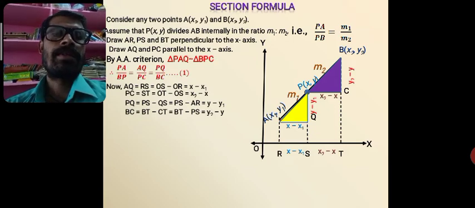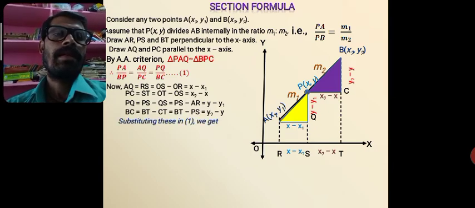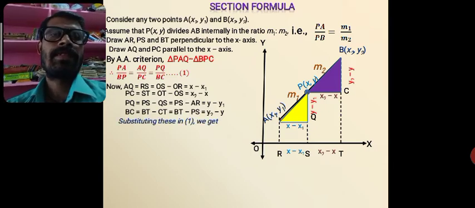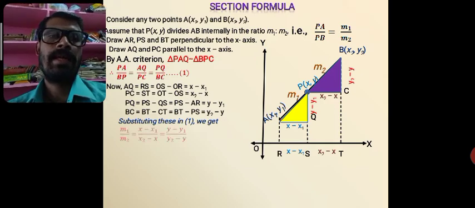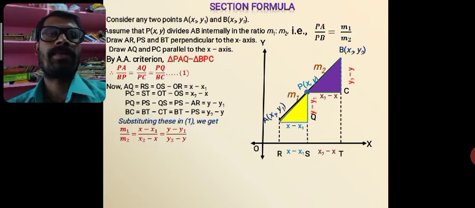Here y2 is greater than y, therefore y2 minus y. Let us substitute these in equation 1, the ratio 1. We get the ratios as m1 by m2 is equal to x minus x1 by x2 minus x is equal to y minus y1 by y2 minus y.